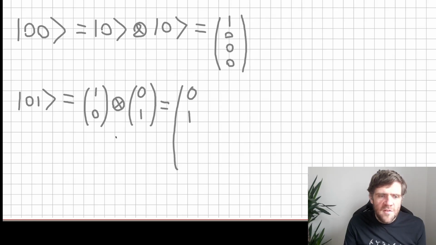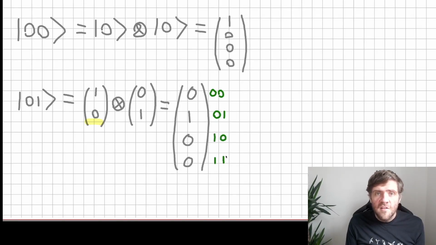But the next 2 elements are basically all multiplied by this 0 here, and so there will be 0 as well. So 0, 0, and so that is what you get. And you can think of this as each of these correspond to a different possible bit string. That one's 0, 0, that one's 0, 1, as we've seen. This one's going to be 1, 0, and this one is 1, 1.